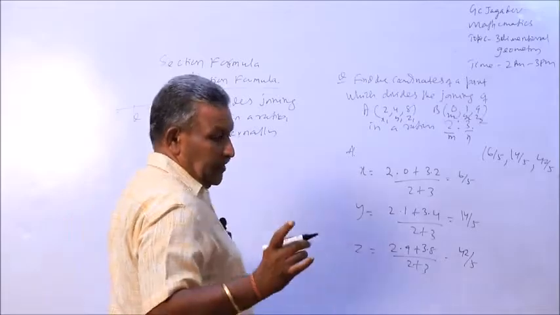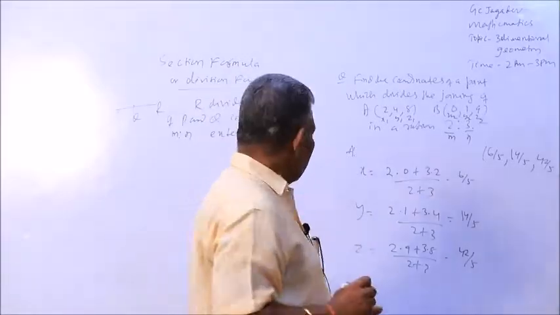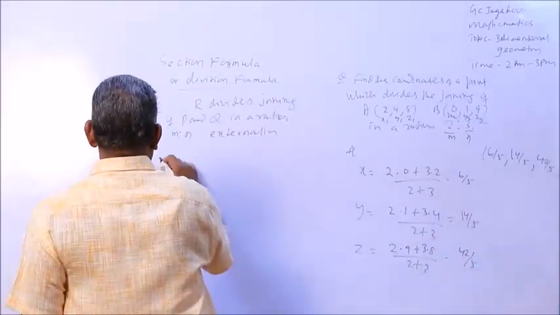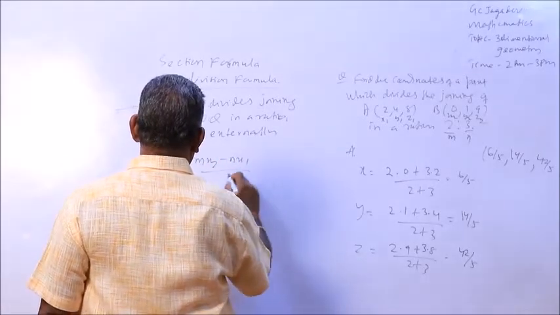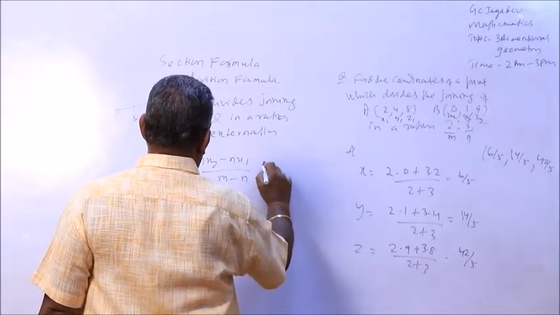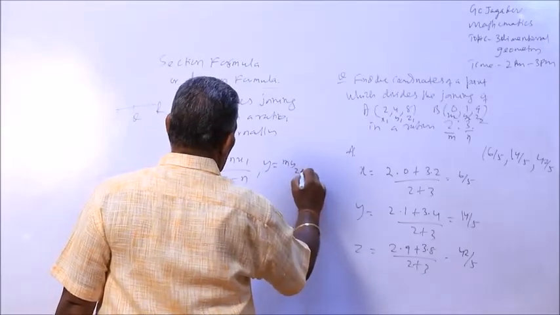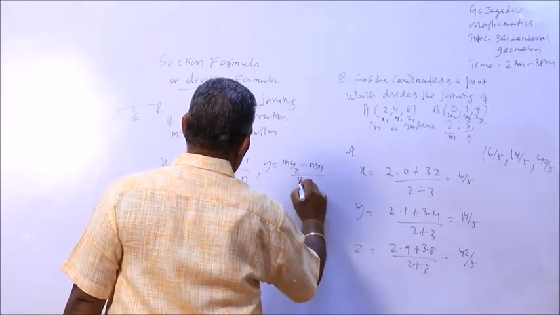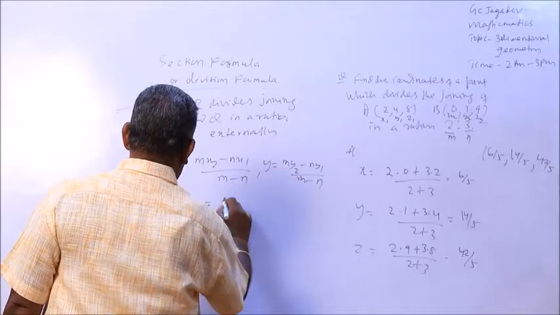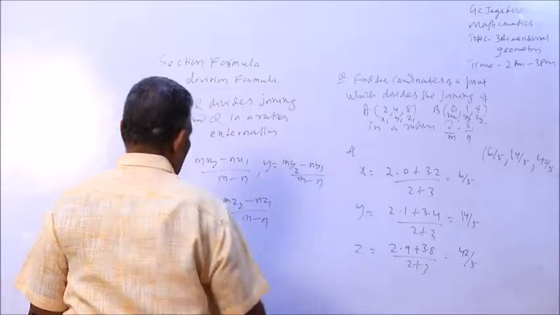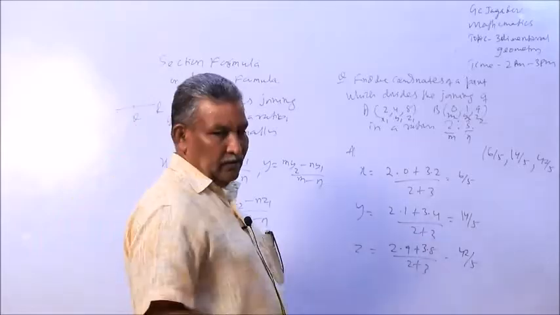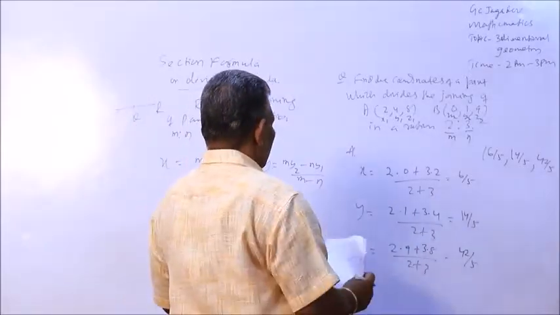That means R will lie outside P and Q. In this case, x equals (mx2 minus nx1) by (m minus n), y equals (my2 minus ny1) by (m minus n), z equals (mz2 minus nz1) by (m minus n). So the sign will be negative.